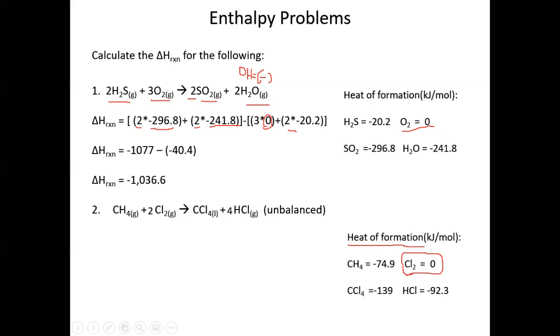So we balance it, and I know I didn't balance it correctly. Let me correct it. There should be a 4 here. So it should be 4 Cl2. It's not going to affect the problem because, again, the heat of formation of chlorine is 0.